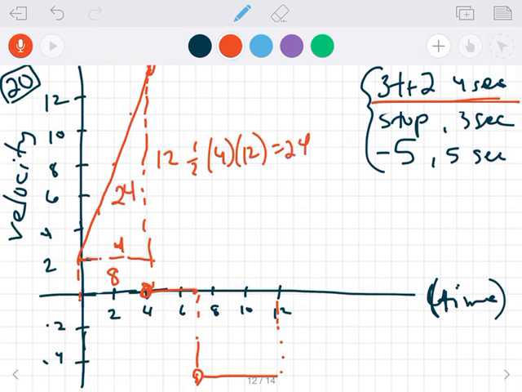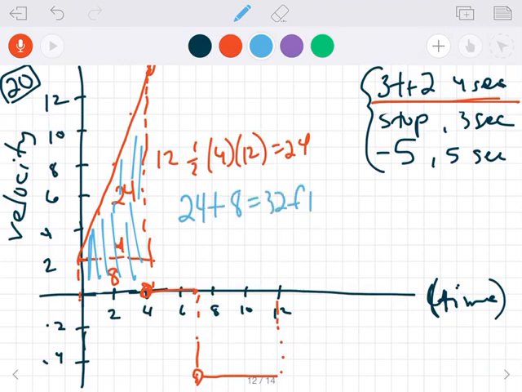If we look at the whole area under the curve here, we would have 24 plus 8, so 32 feet. The car did not travel any distance when it was stopped, which makes sense. We had 0 for this amount, and there's no area there, it's just a line. So we have 32 feet plus 0 feet for this part.